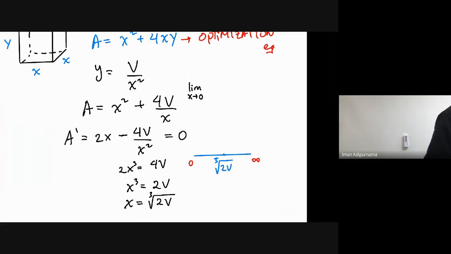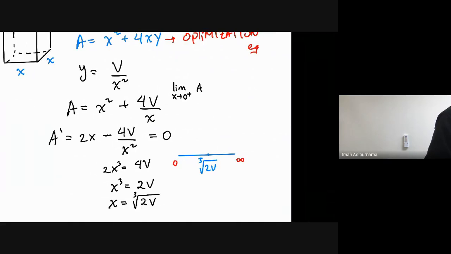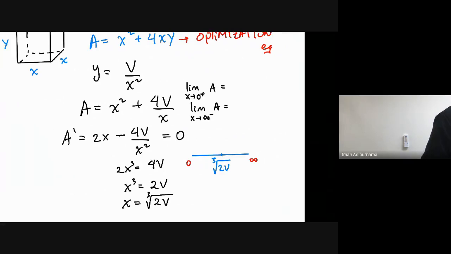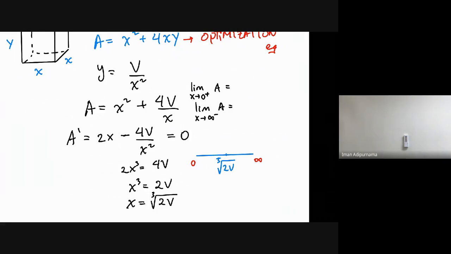So first checking the limit as x gets positive. Let's say this is a, okay, and then checking the limit as x approaches 0 from the left. Okay, see here. If you approach 0 from the right, it will have 1 over x here, right? Which means you will have an infinite number.